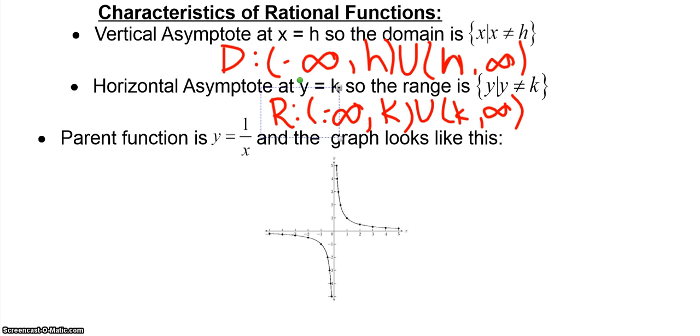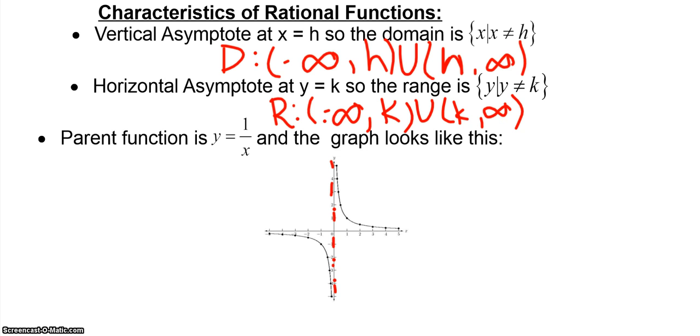Alright, the last main characteristic is that the parent function is y equals 1 over x, and the graph looks like the ones provided for you. So 1 over x, the h is 0, so that means we have an asymptote at x equals 0, so that's this right here.